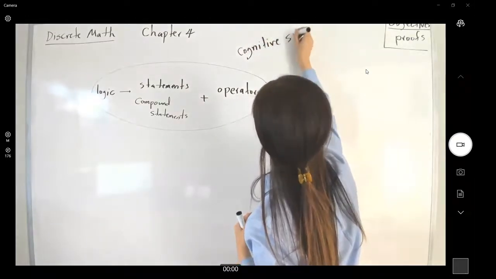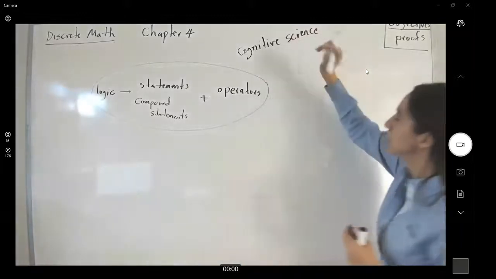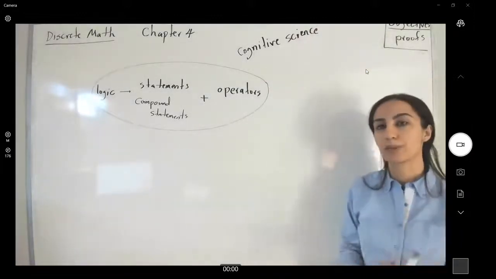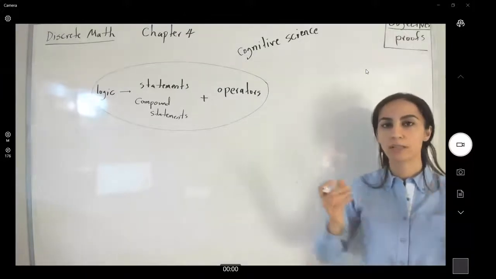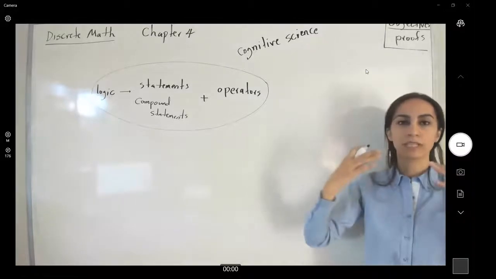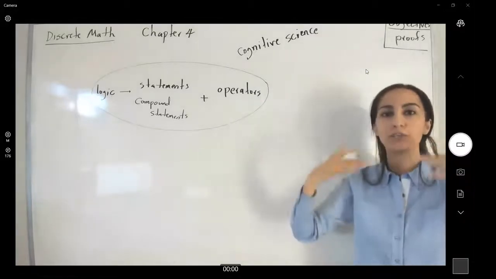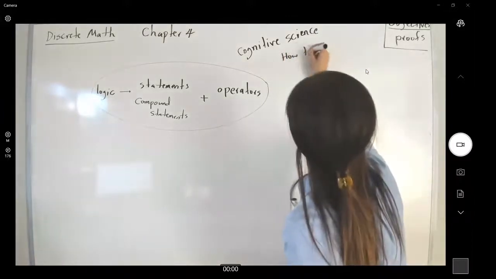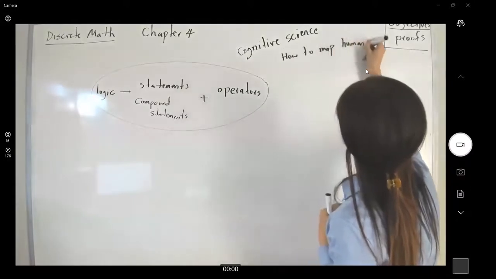We need cognitive psychologists, experts in brain that actually help us to take a look at the mapping of the mind, our human cognition, how to map human mind.